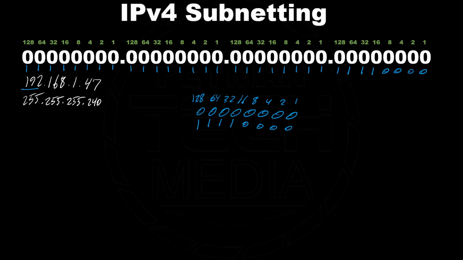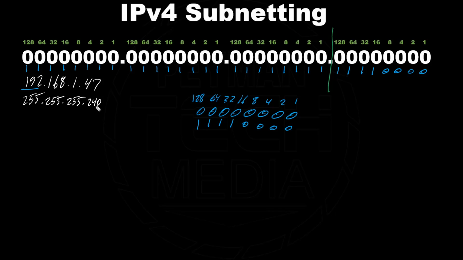So originally, for the default subnet mask of 192.168.1.47, because 192 is class C, the default subnet mask was 255.255.255.0. It means the first 3 octets belong to the network and the last octet belongs to the host. But right now with 240, it means that we basically borrowed 4 more bits, 1 2 3 4, right?